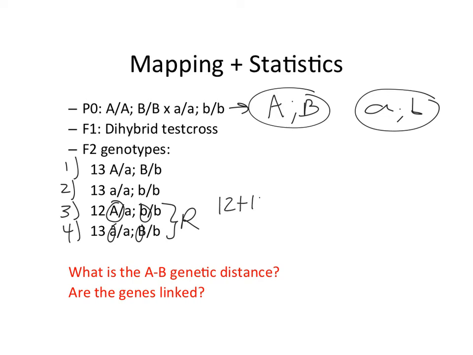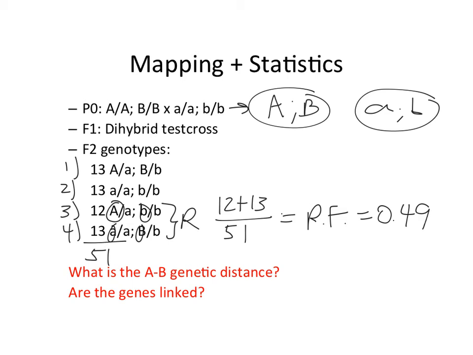So 12 plus 13 divided by 51, the total number of observations, gives us a recombination fraction of, what is it? 0.49. Okay, so that's the AB genetic distance.